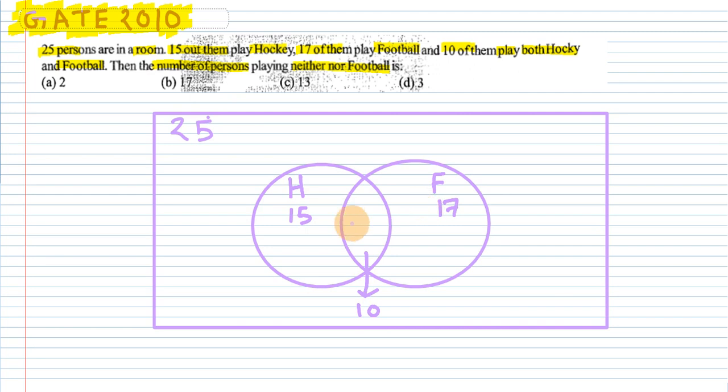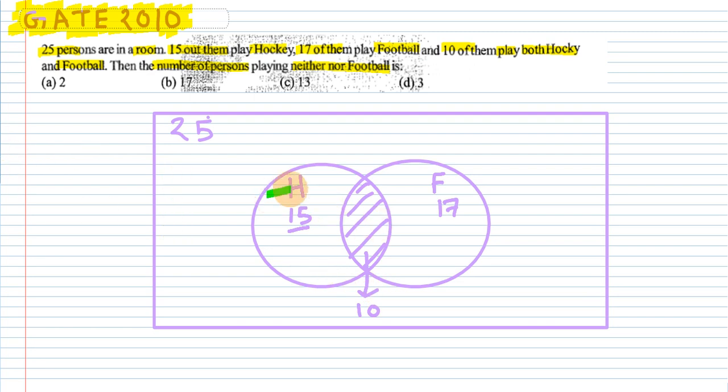So for this we have to find the persons who play hockey or football or both. This 15 is basically this whole circle, and the number of players who play football is the other whole circle. And this is the common region representing the persons who play both hockey and football.